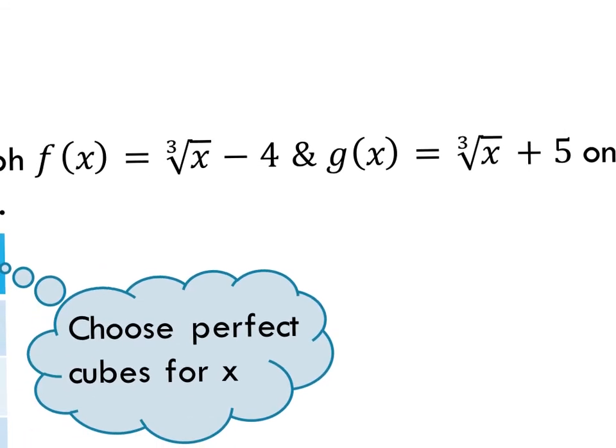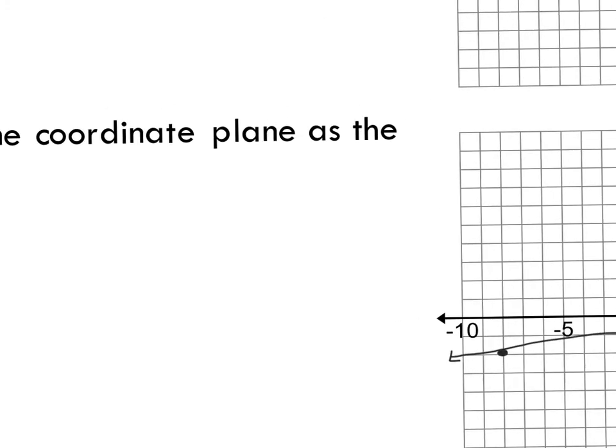They are. So remember, if minus 4 is outside of the radical, this is an up or down shift. So negative 4 would be a down shift. So I'm going to move all of our parent function points down 4.